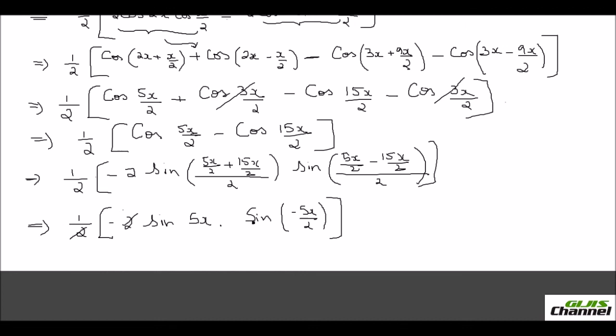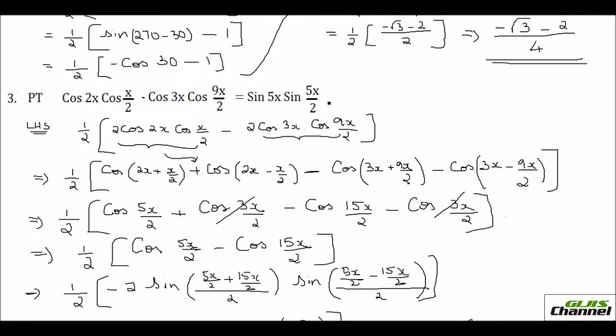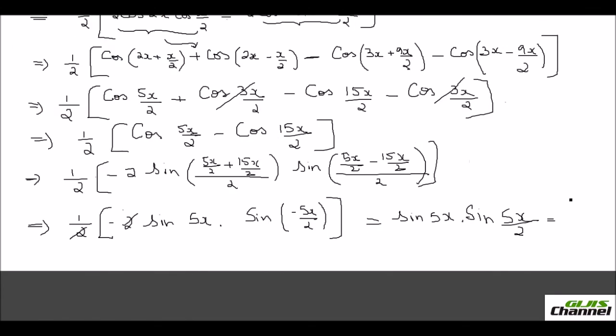And this minus and minus becomes plus. And you are left with sine 5x times sine 5x over 2. And this is what we need to prove. If you look at the question, this is what we need to prove. So that is equal to your RHS, and hence you have proved it.